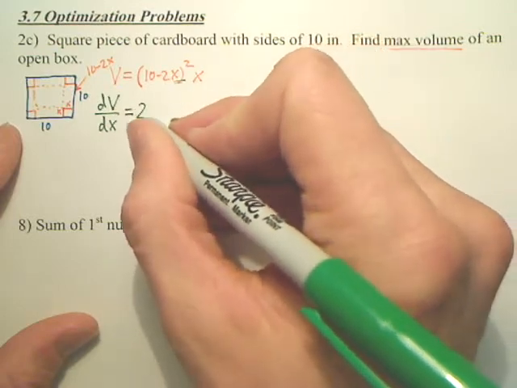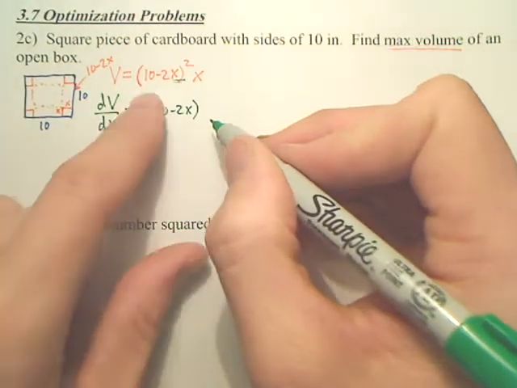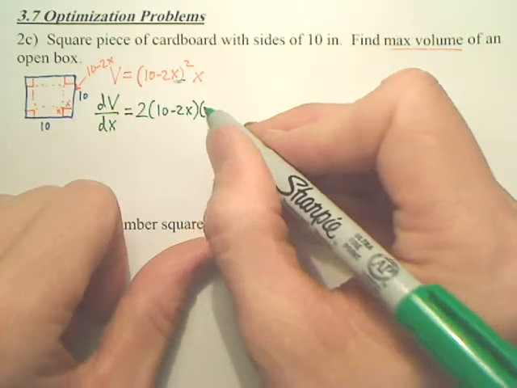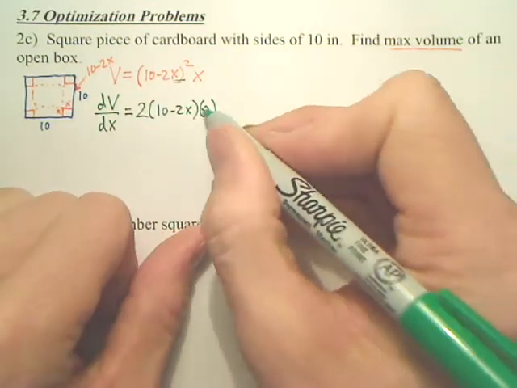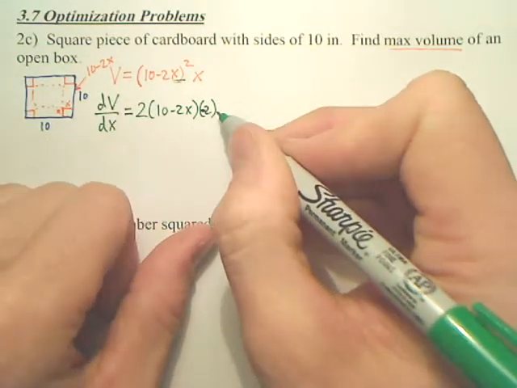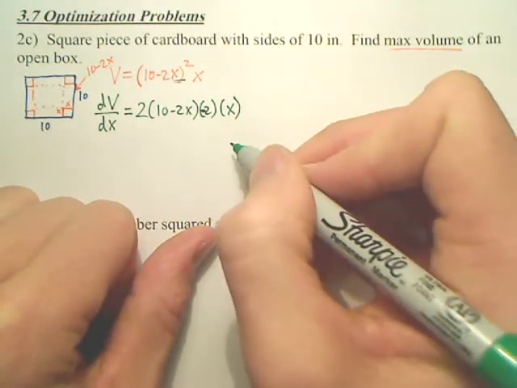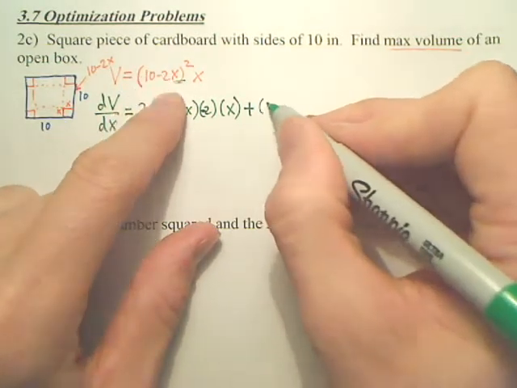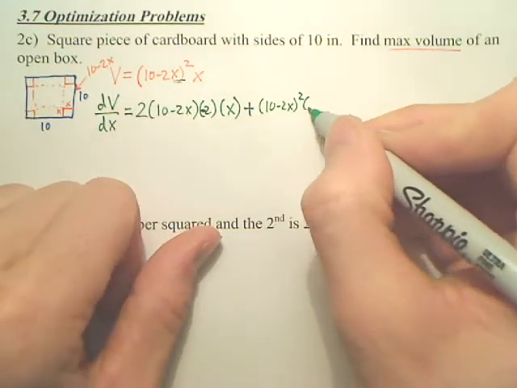Okay, so we now have the 2 comes out, the 10 minus 2x for the beginning, and then isn't there another 2 from the inside? But then isn't this product rule? Ooh, thank you, that's a negative 2. Now isn't this product rule? So now do we also have an x? Plus, leave the first, and derive the second.